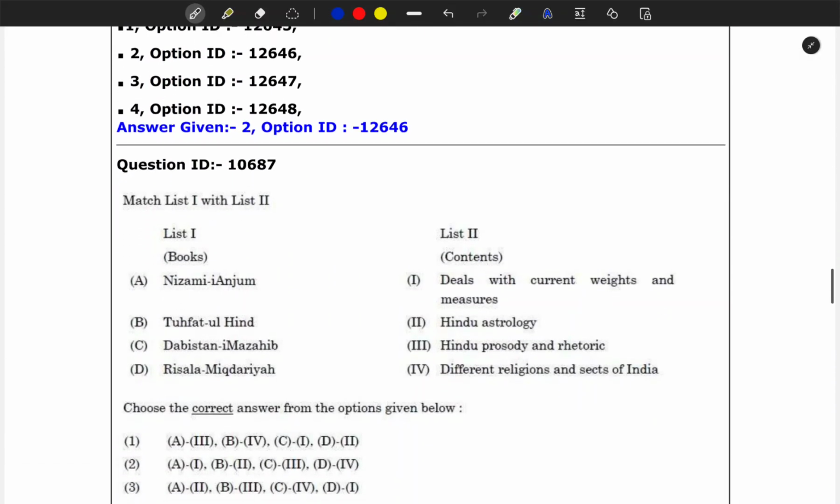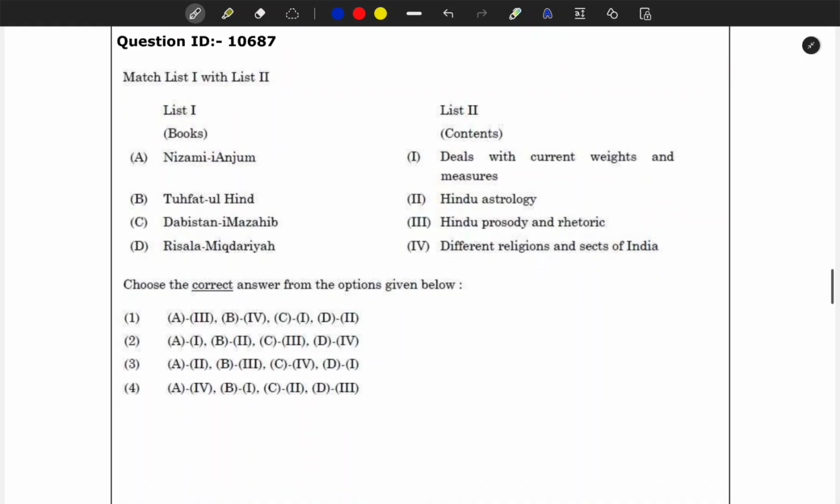Again, match the list. So here Nizami Anjum, Tafhim al-Hind, Dabistan-i-Mazahib, Risala Miqdariya, and these you have to deal with this subject matter. Actually I also didn't have any idea about this literature, but with word breakdown I can solve it in a very easy manner.